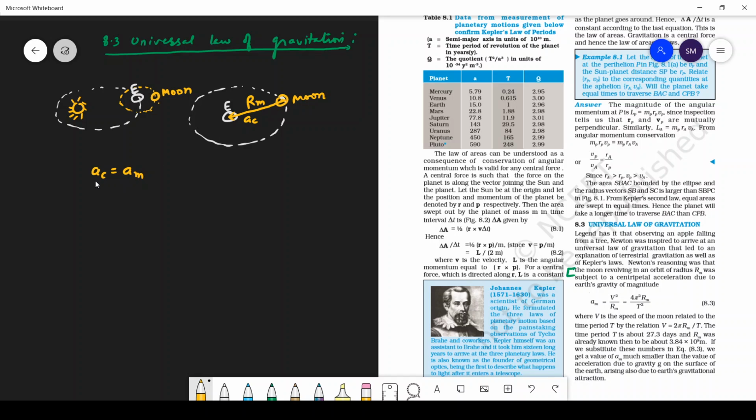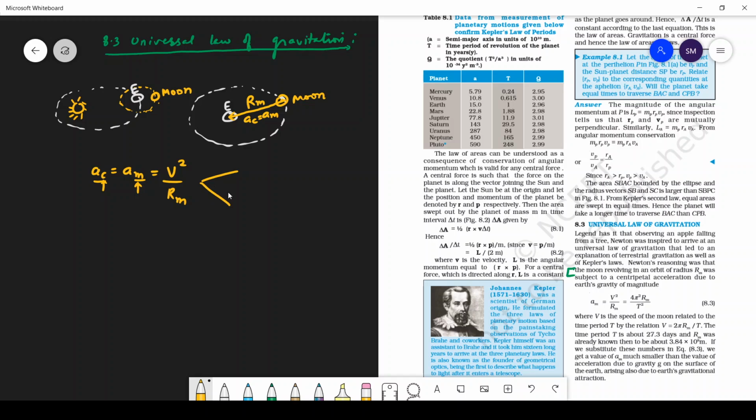So C means centripetal here, and M is moon. So the centripetal acceleration of the moon is equal to V square by Rm. So here the centripetal acceleration we are calling Am.